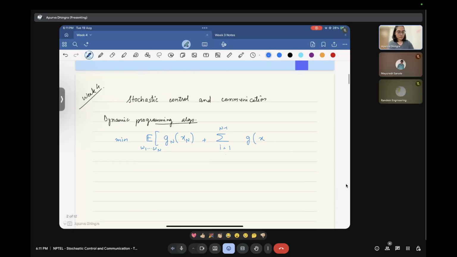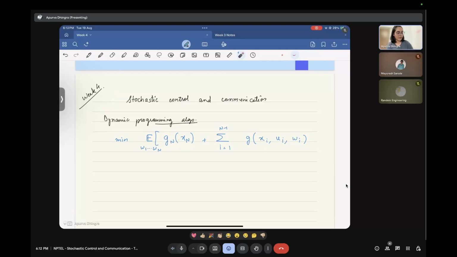I could also start from 0, it doesn't make a difference. The cost depends on xi, ui and wi. Recall wi was the noise term, ui is the action, and xi is the state at time i.